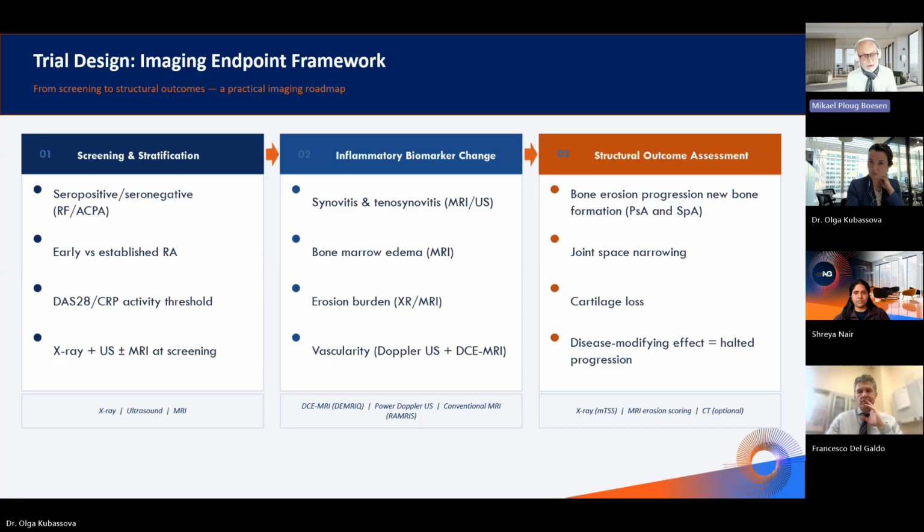Then, on the static imaging, you can do synovitis scoring, tenosynovitis scoring, bone marrow edema scoring, erosion burden, and then add Doppler or DCE-MRI for vascularity quantification. And then the structural outcomes come either as categorical, or in some diseases you can map the increase of the bony size, or in bone diseases, map the calcium content inside the bone.